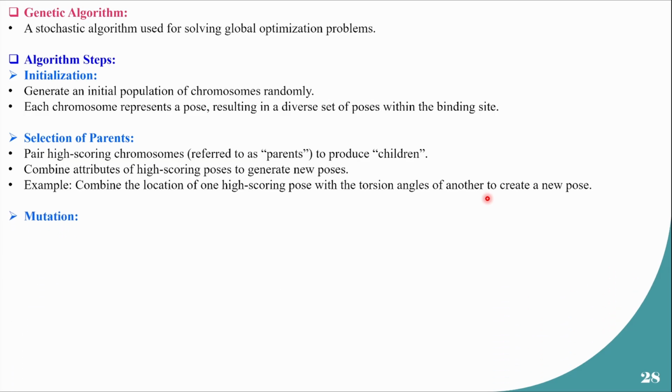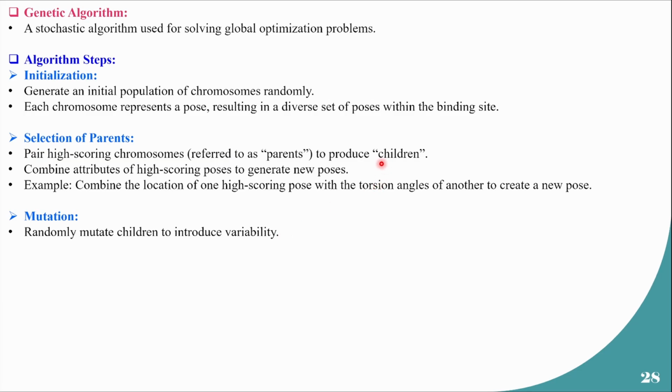This process of utilizing randomness and combining the best scoring poses together to generate new poses allows it to limit the search space by a lot, which is why it is quite efficient in identifying the proper binding poses for the ligands, and so on, right? Then it randomly mutates children to introduce variability.